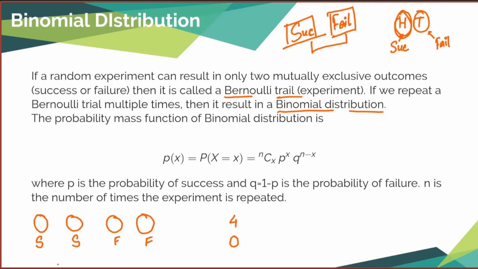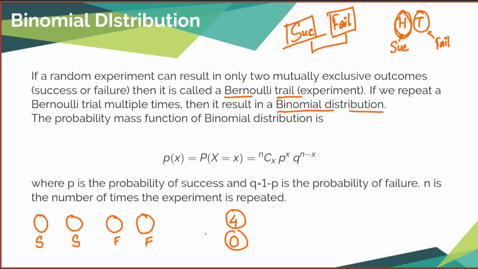So the maximum number of successes means getting a head. Maximum I can get 4 heads because I am tossing 4 coins, and the minimum head I can get is 0 because I can get all of them tail.